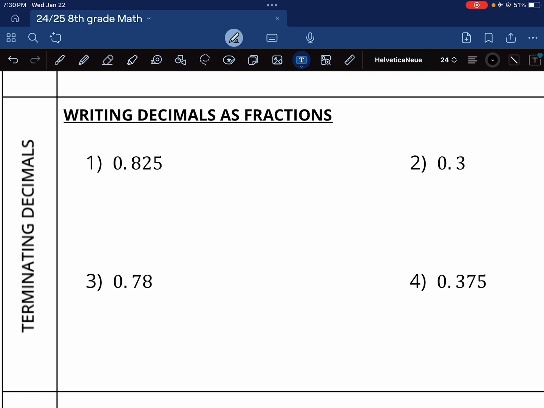We need to see where we're at for our power of 10, the place setting. Here, the 5 is in the thousandths place, so automatically that is our denominator. Then this amount, 825, becomes our numerator.